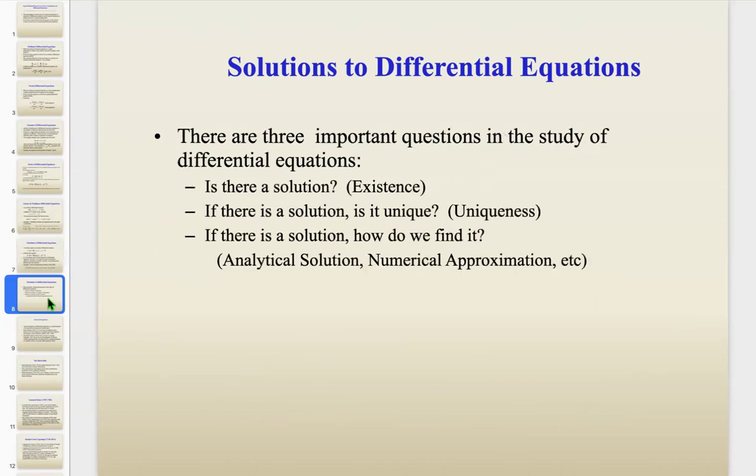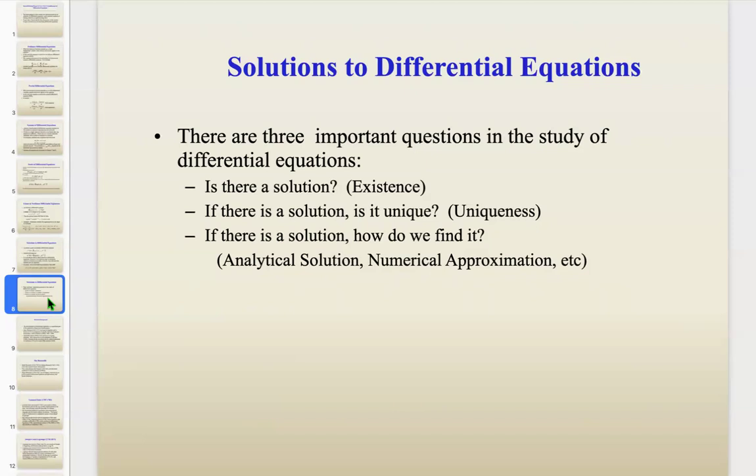Three big questions when you study not only ODEs but PDEs too are the questions of existence, uniqueness, and how we find a solution if we have one. What do you mean by existence? First of all, is there a solution to your ODE? We're going to have to investigate that. Secondly, if you have a solution, is there only one?